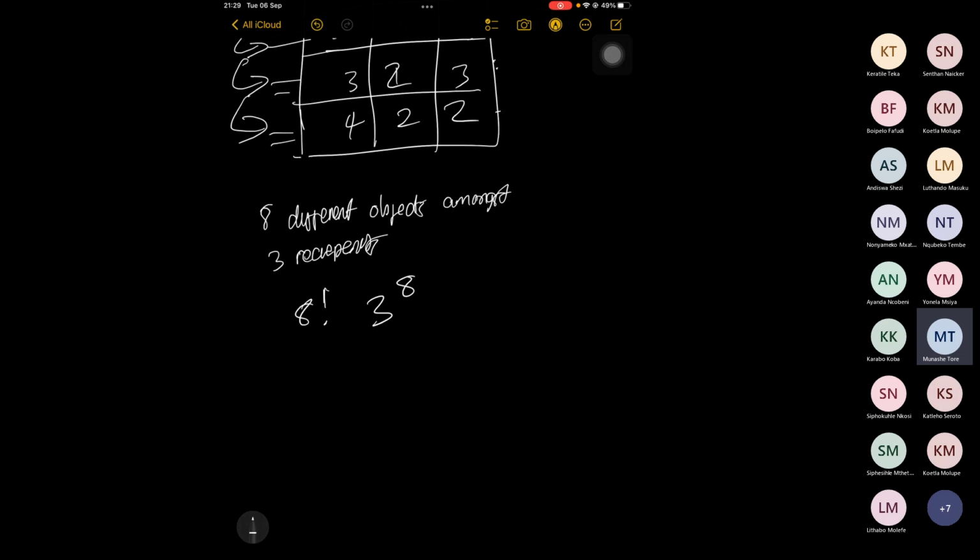You're not sure which one exactly you're supposed to use, because you can use either one of these two. This is the multiplication principle, and this is the one for combinations that you have been doing. It will depend on the question. You see which one to use and which one not.